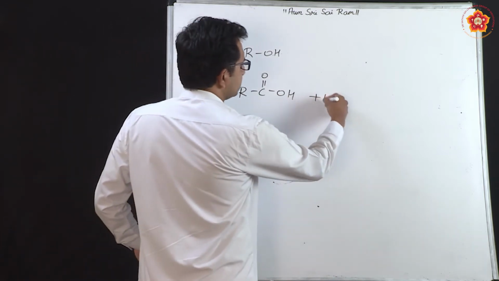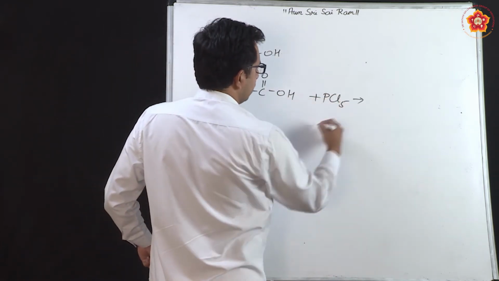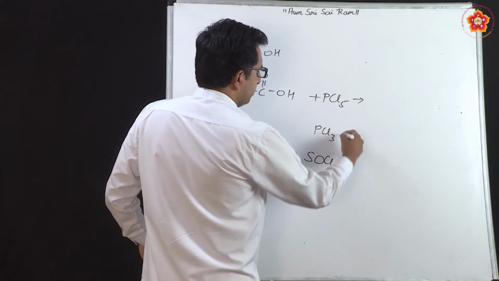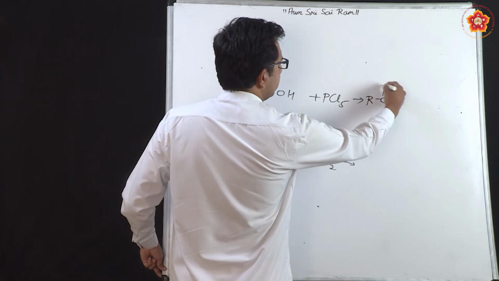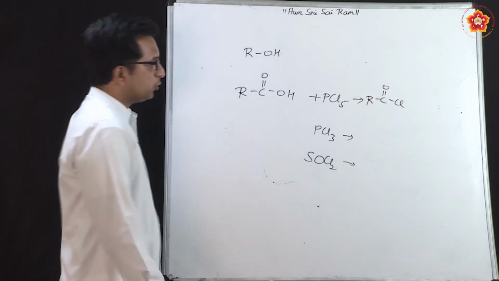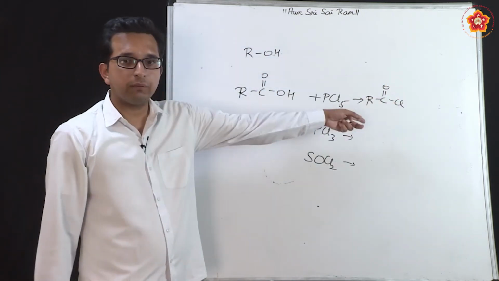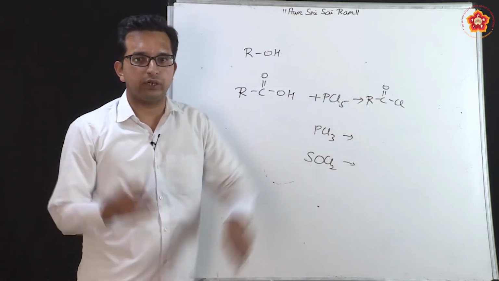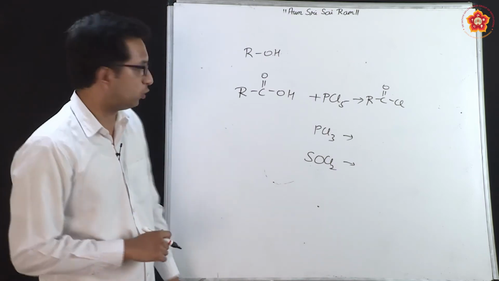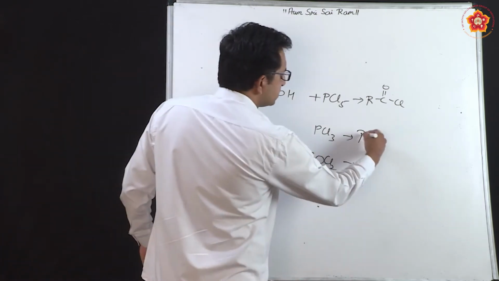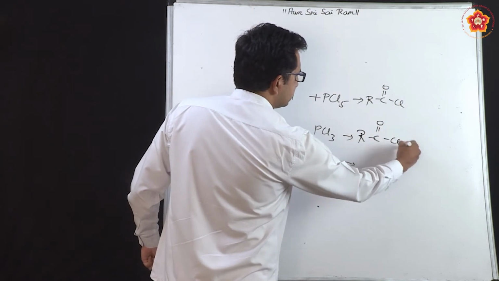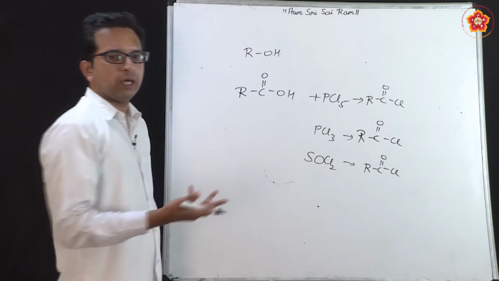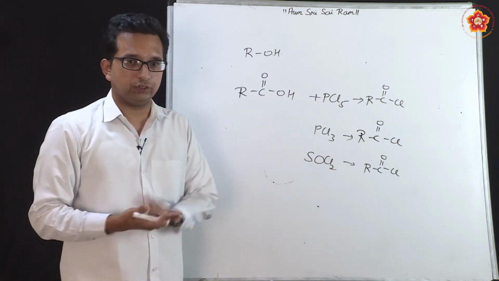So, if you are utilizing PCl5 or PCl3 or SOCl2, the product that you tend to get in all the cases is RCOCl, which we call acyl chlorides. This is the alkyl system, and in acyl chlorides, the CO group can be called an acyl group. So, in all three cases we tend to get acyl chlorides as the major product, and corresponding byproducts can be obtained in all these reactions.